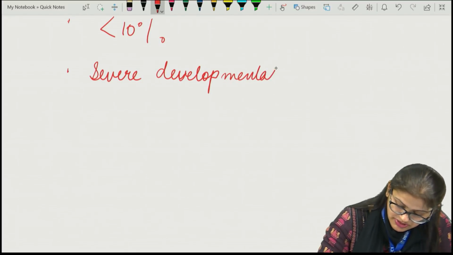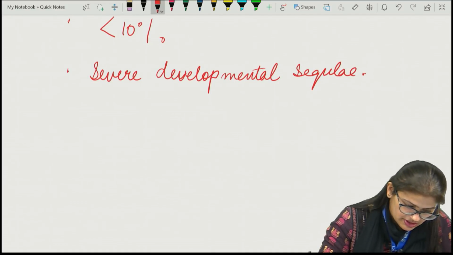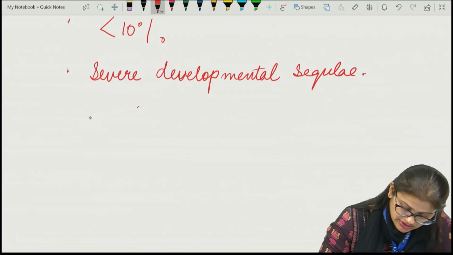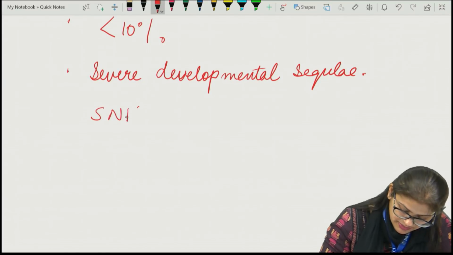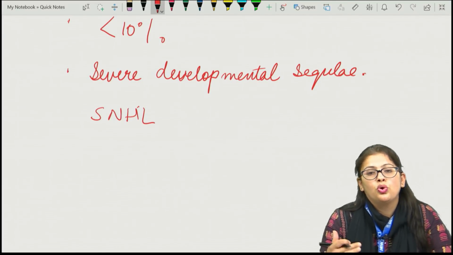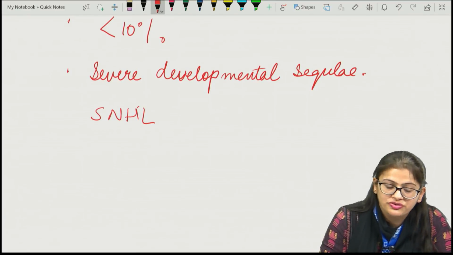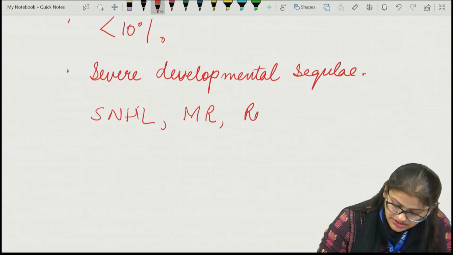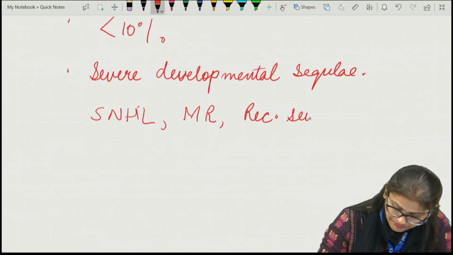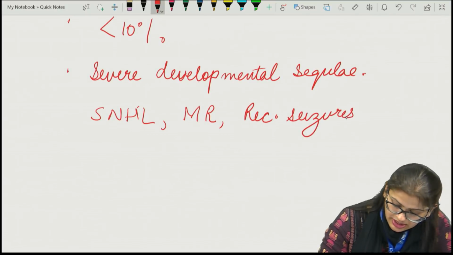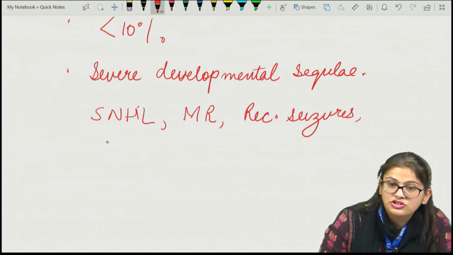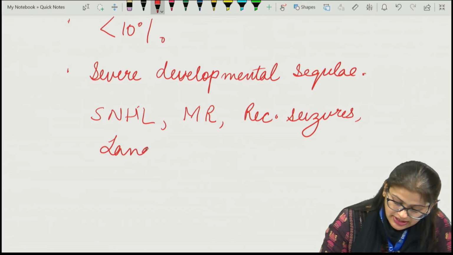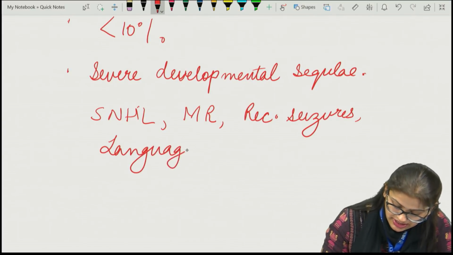And what can these be? These can include sensorineural hearing loss, which can result due to cochlear infection or direct infection of the auditory nerve. There can be mental retardation, recurrent seizures, defects with language, or language delay.